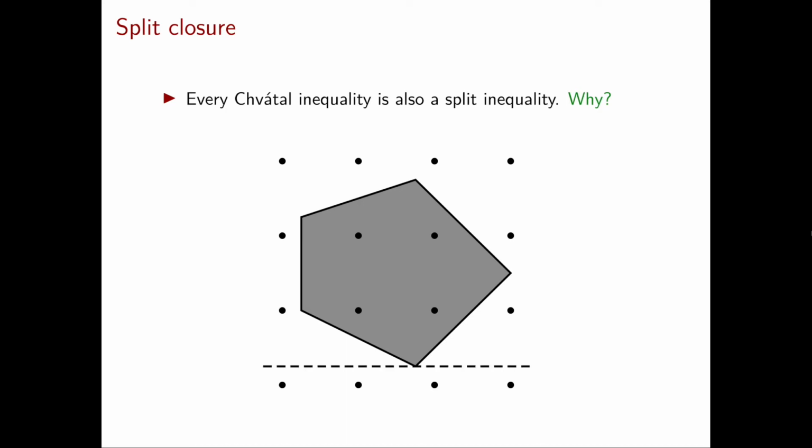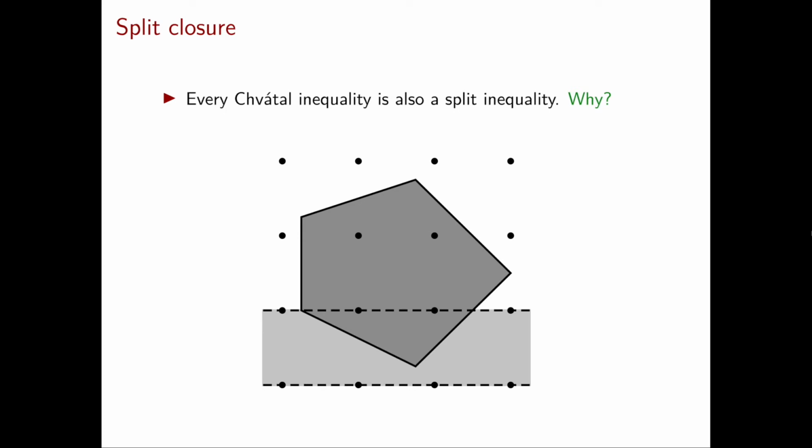Well, pick any Chvátal inequality. Remember, we have to pick a valid inequality for P and then round down towards P. And this picture already suggests some kind of split, because in fact, if you round also on the other side, you obtain this other line and you've obtained a split.